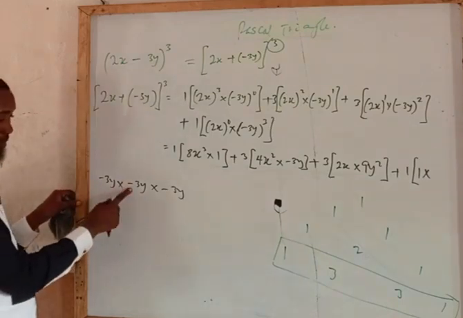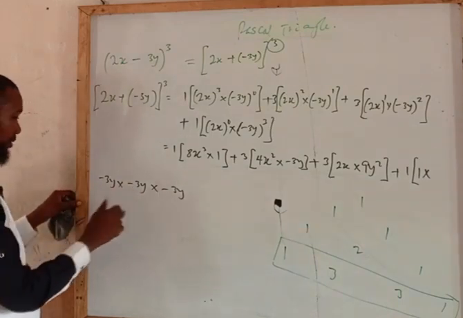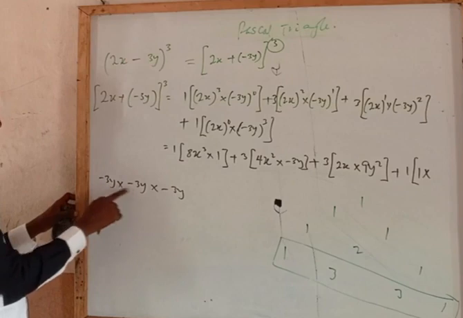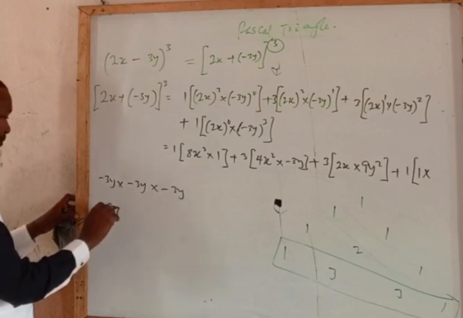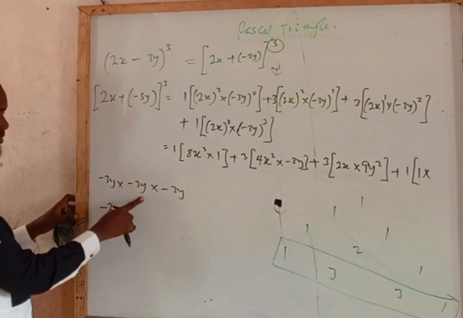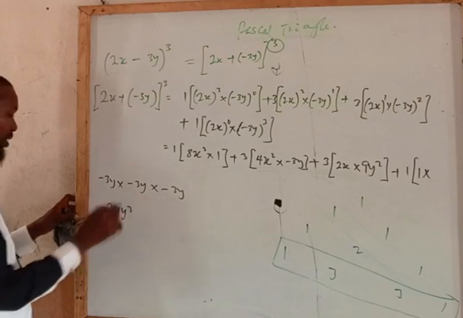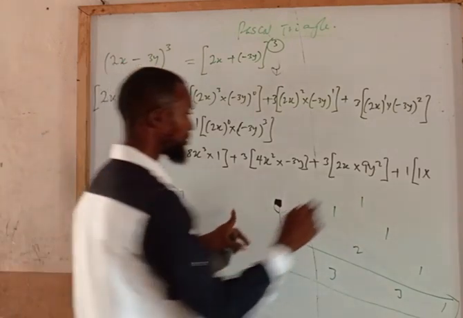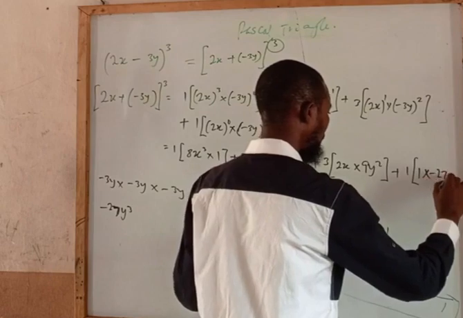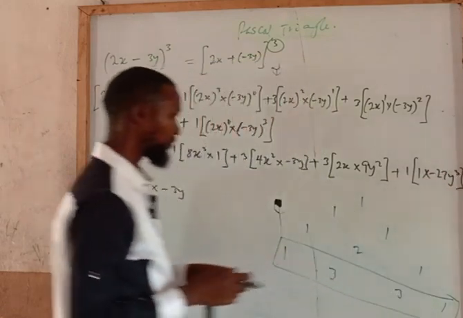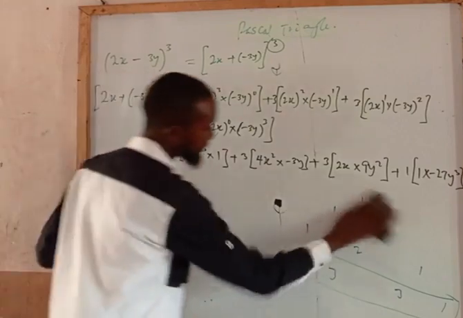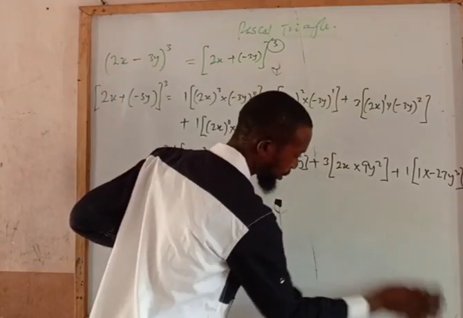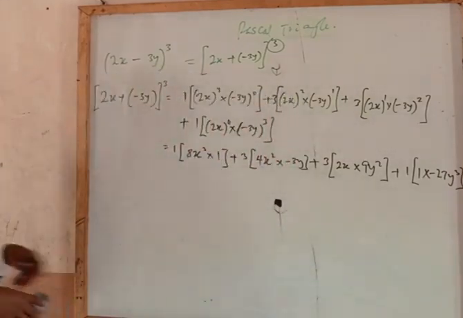Minus times minus is plus, plus times minus is minus. So that becomes minus. 3 times 3 here is 9, 9 times 3 is 27. y times y squared times y is y raised to power 3. So this gives minus 27y raised to power 3.